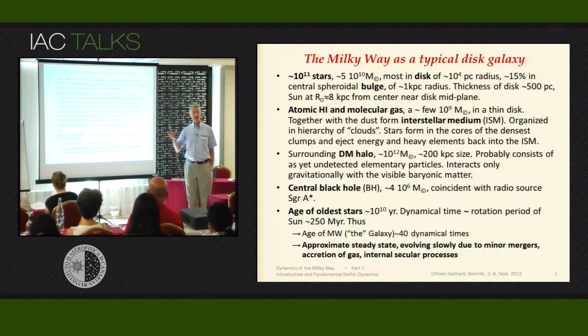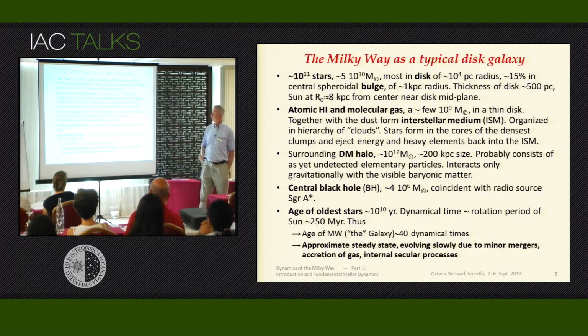Probably this is a rather continuous set of structures in what's believed to be a turbulent interstellar medium, with a lot of small high-density regions organized into larger and larger massive objects that we now call clouds. And stars form in the cores of the densest parts of these clumps, and then they eject energy and also chemical elements, as we heard just now, back into the interstellar medium, which are then there to be reprocessed into new stars.